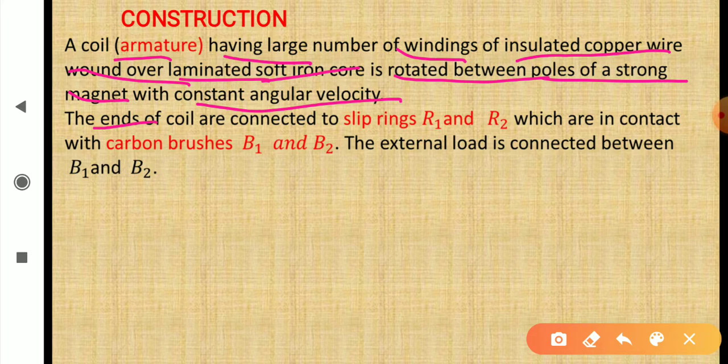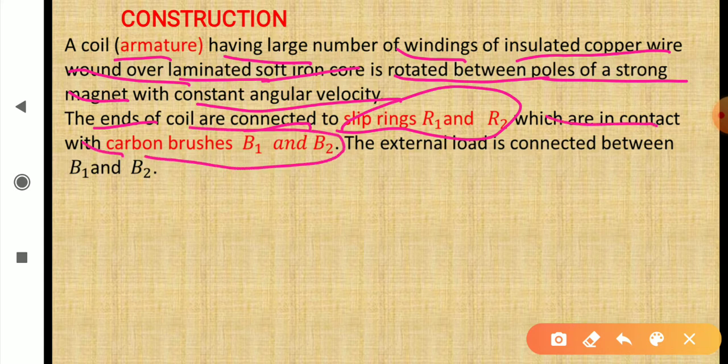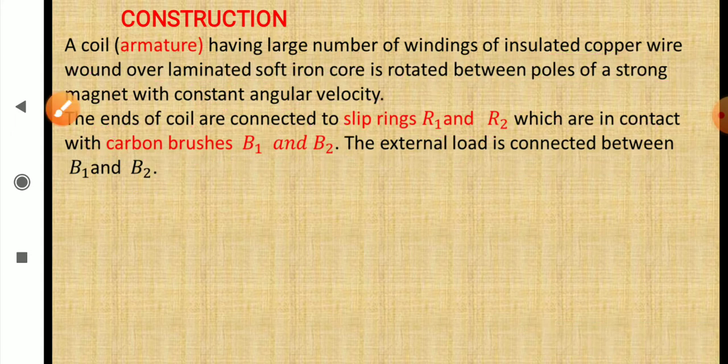The ends of the coil are connected to slip rings R1 and R2, which are in contact with carbon brushes B1 and B2, and the external load is connected between carbon brushes B1 and B2. So this is the construction in brief, and now we will talk about the working.